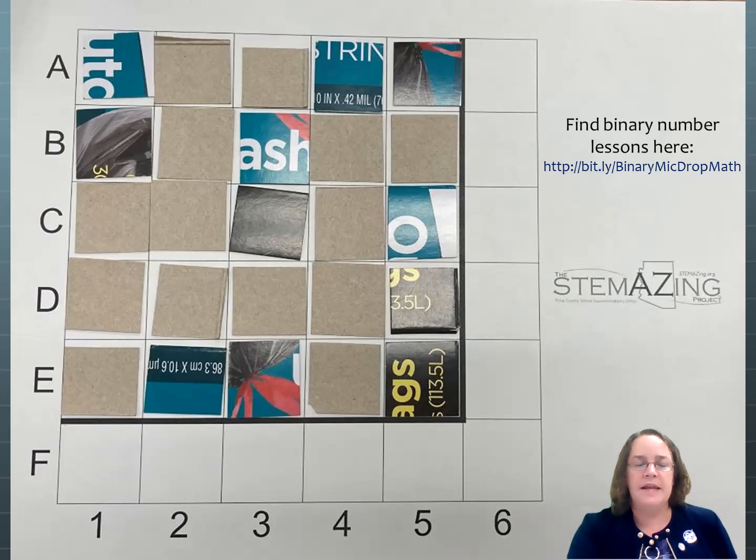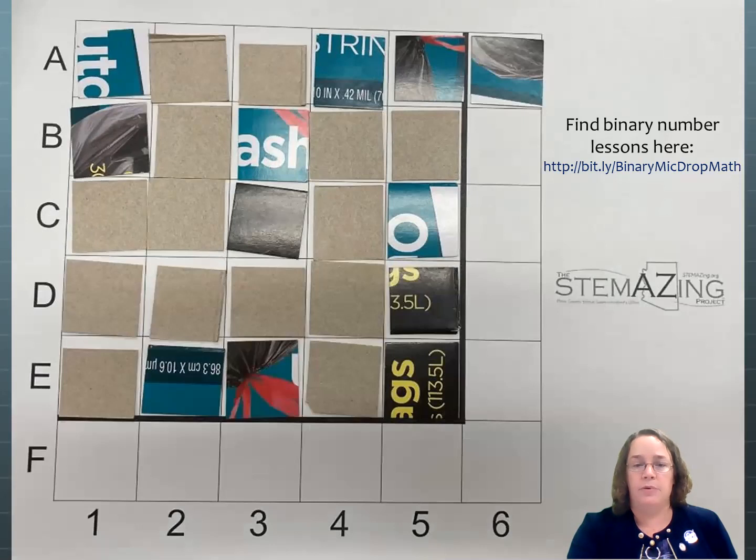So to add those parity bits, what you have to do is look at the top row A, and we need both the printed side and the cardboard side to be even numbers of those particular settings. In this case, we have 2 cardboard sides that are facing up and 3 printed sides. 3 is an odd number, so I need the next card on row A to be printed side up.